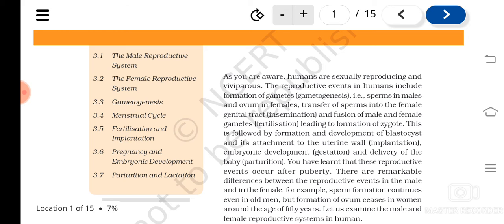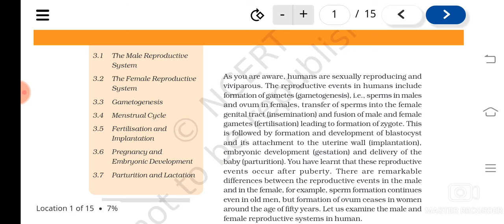That leads to the formation of the zygote. So what is a zygote? The single cell formed by the fusion of male and female gametes is called the zygote. After this, you can see formation and development of the blastocyst. Then this blastocyst gets attached to the uterine wall, and that process is called implantation.